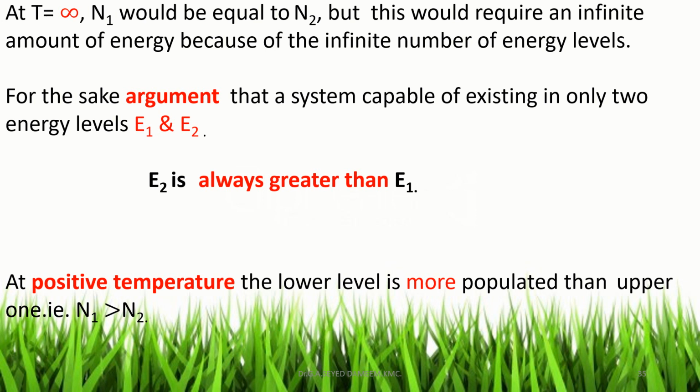So for the sake of argument, consider a system capable of existing in only two energy levels, E1 and E2, where E2 is always greater than E1. At positive temperature, the lower level is more populated than the upper one, that is N1 is greater than N2.